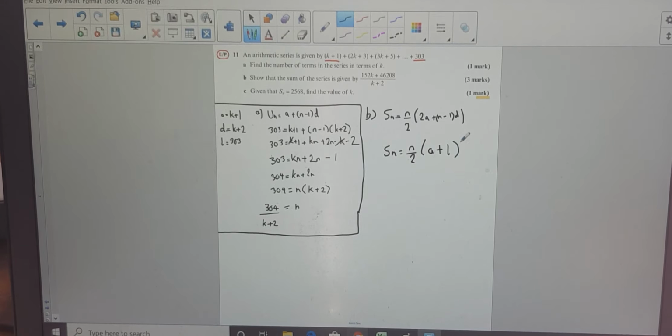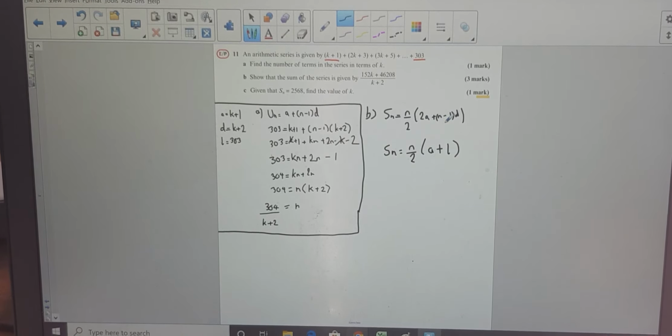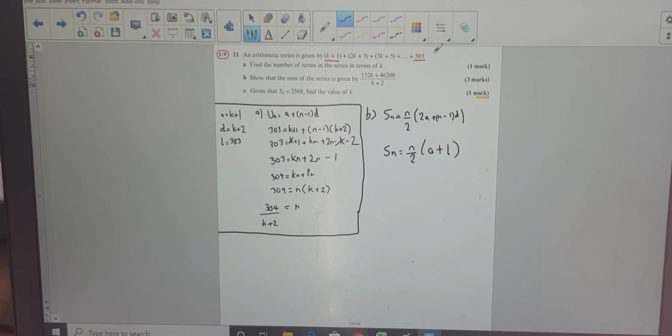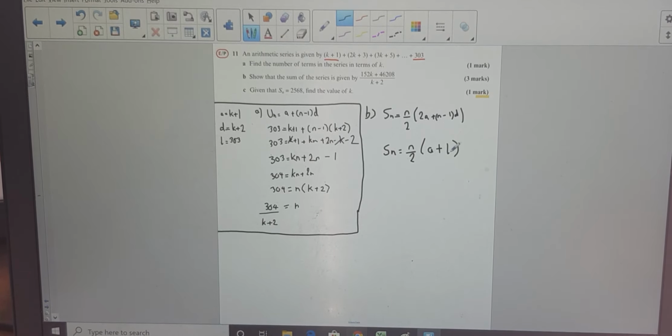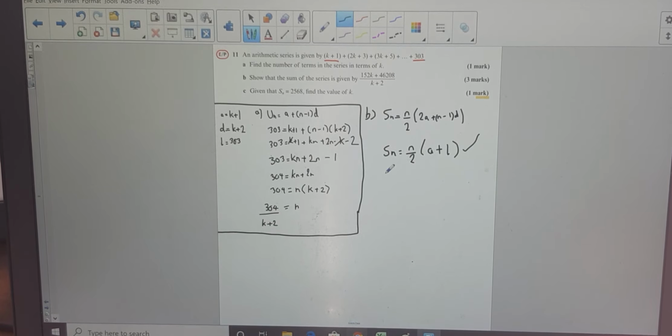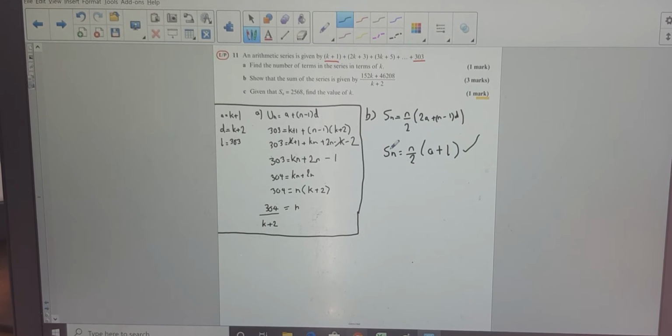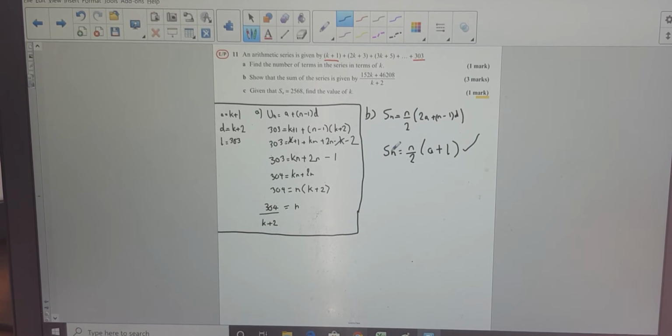I could use both of these, but because they give me the last term, I'm going to use this one, and because it's smaller, it should be simpler. One hopes.